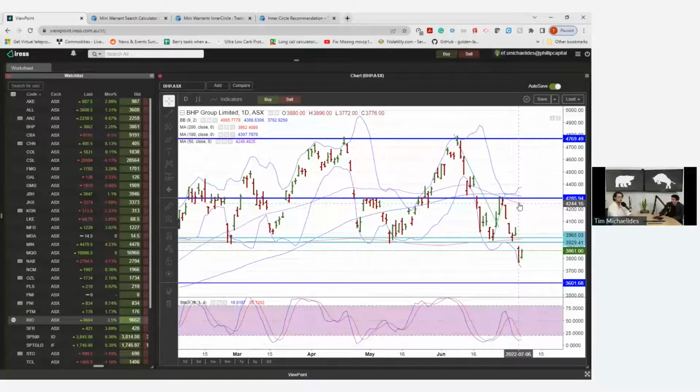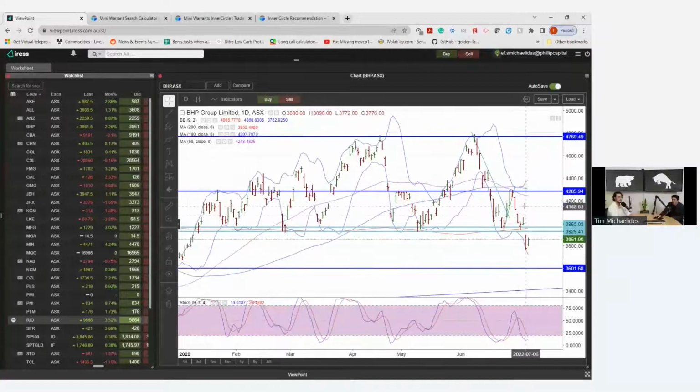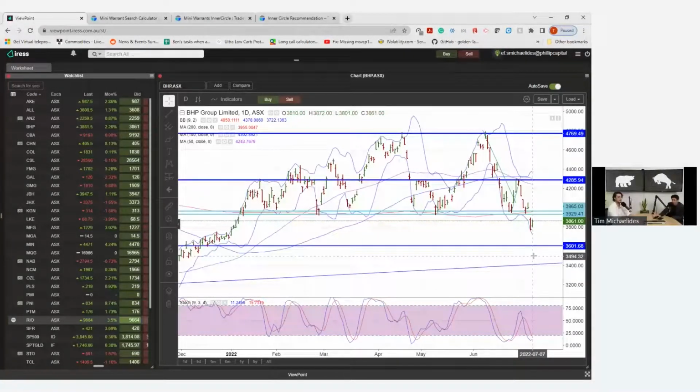The whole rules need to apply, and that's why indicators come into the decision making towards the end. But yesterday we didn't go short, and we spoke about going bearish or short this stock, but we decided not to because it's a bit oversold. It just gapped down way too much in one day.